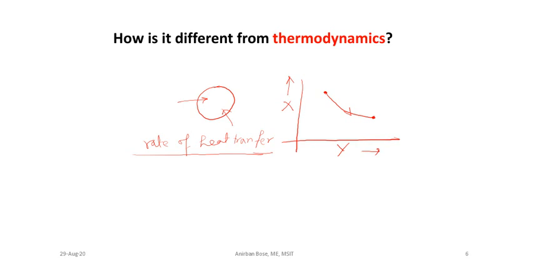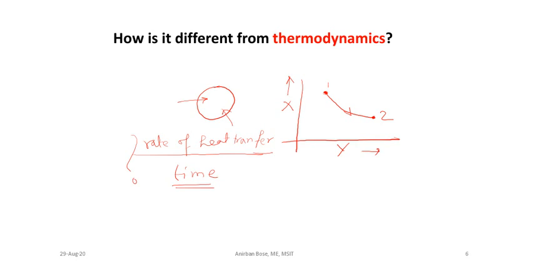Or we were not interested in finding out how much time it will take for the system to go from this initial state to this final state. So finding out the time, or basically the same thing, finding out the rate of heat transfer that takes place. So these questions actually were not answered in thermodynamics.